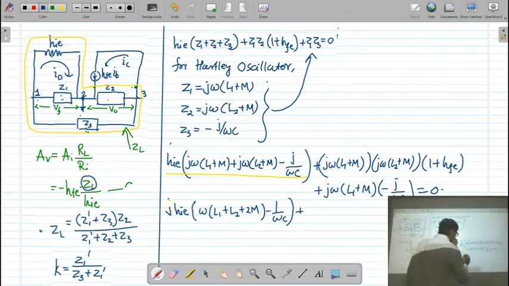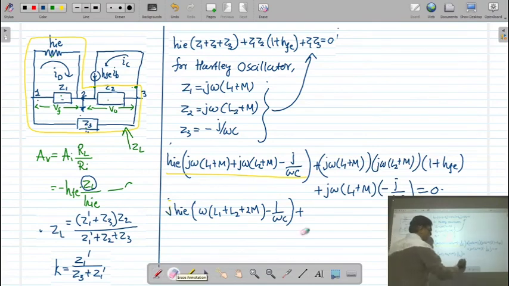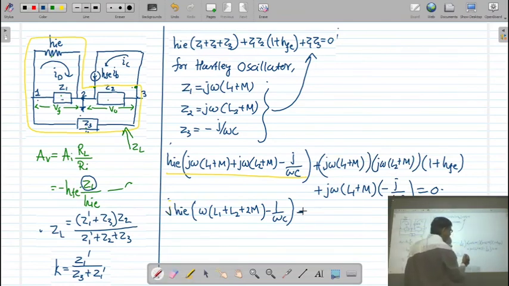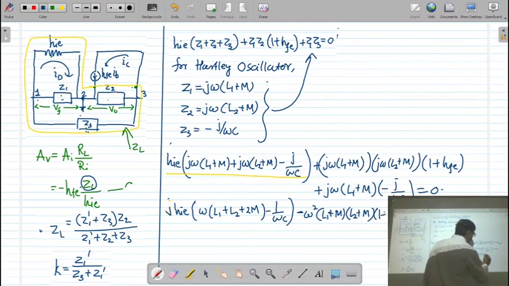Then here, j into j will be minus 1. So this term is going to be negative: omega square into (L1 plus M) into (L2 plus M) into (1 plus h_fe).